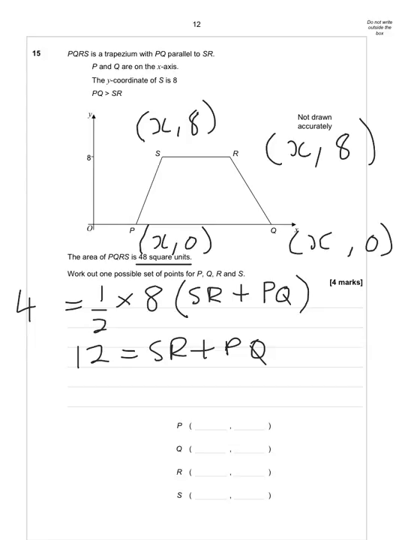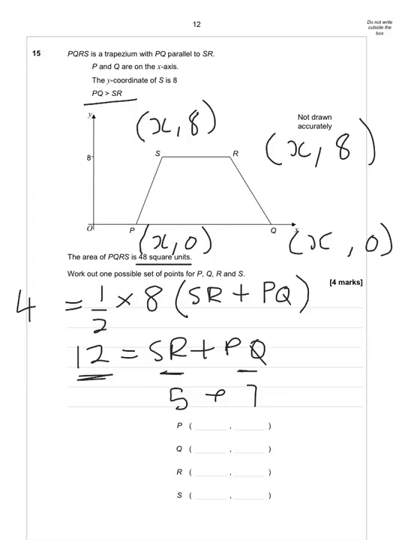So there's a whole different variety of combinations of these lengths at least, but remembering that PQ must be bigger than SR. So for example, if I said, well, I'm going to say that's 5 and that's 7, they're both going to add up to my 12 here. So I need to start thinking about some of the numbers that I'm going to put in.